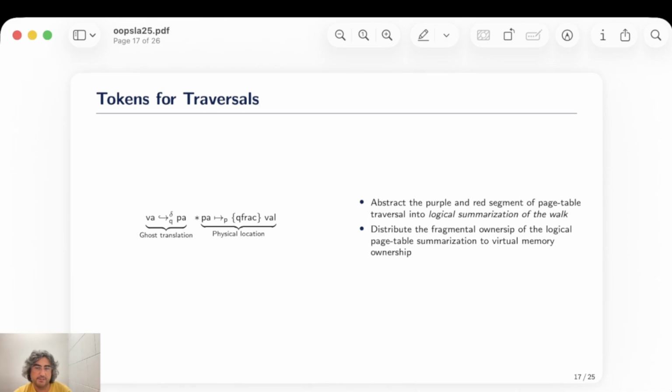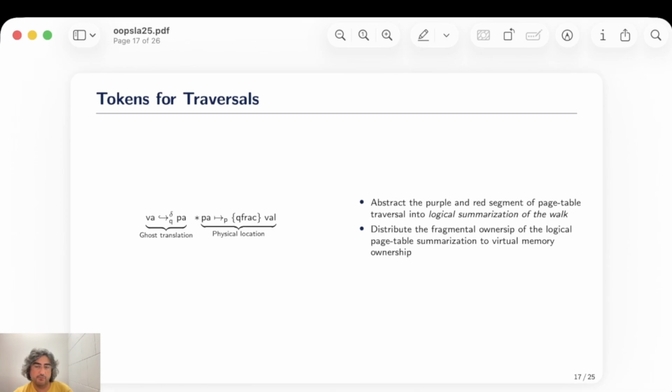The traversal piece is abstracted via a fragmental token summarizing the traversal of the shared page table, and these tokens are distributed to all virtual points-to relations in the address space. The second piece is, as expected, a fragmental physical points-to to the physical page, to read the physical page.